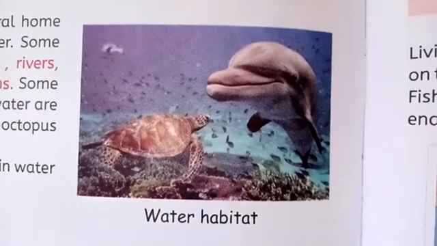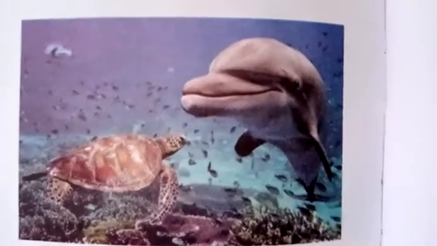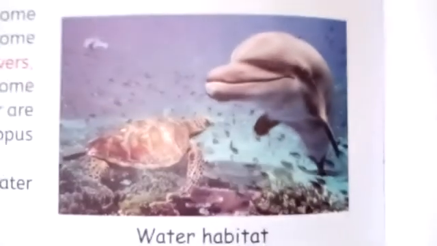Some water habitats include the sea, rivers, ponds, streams, lakes, and lagoons. Some examples of animals that live within these places are fishes of all kinds, dolphins, crabs, turtles, octopus, and whale.